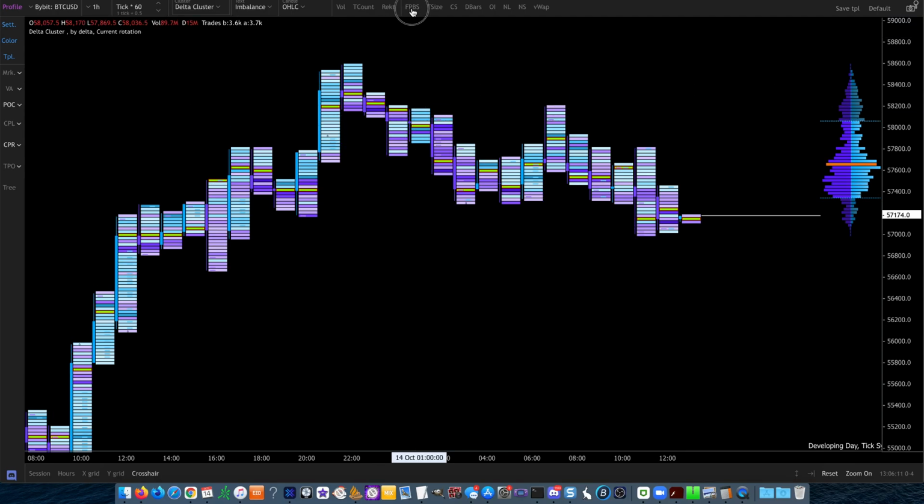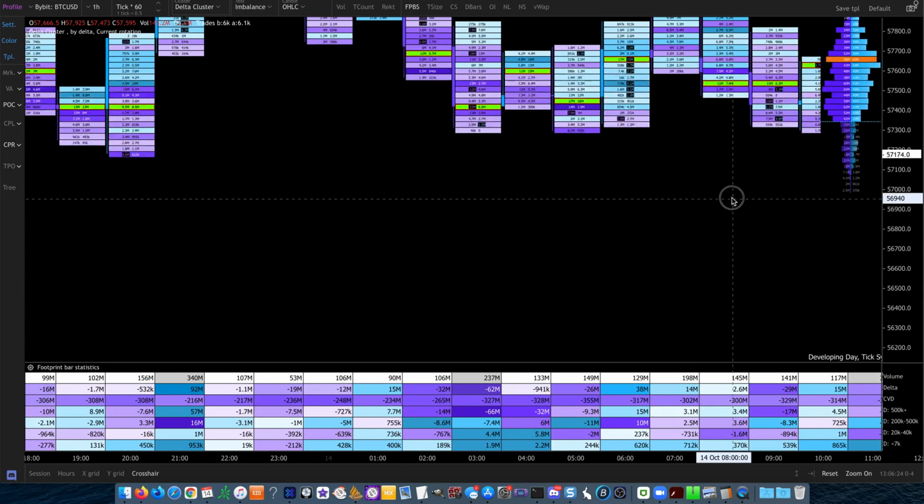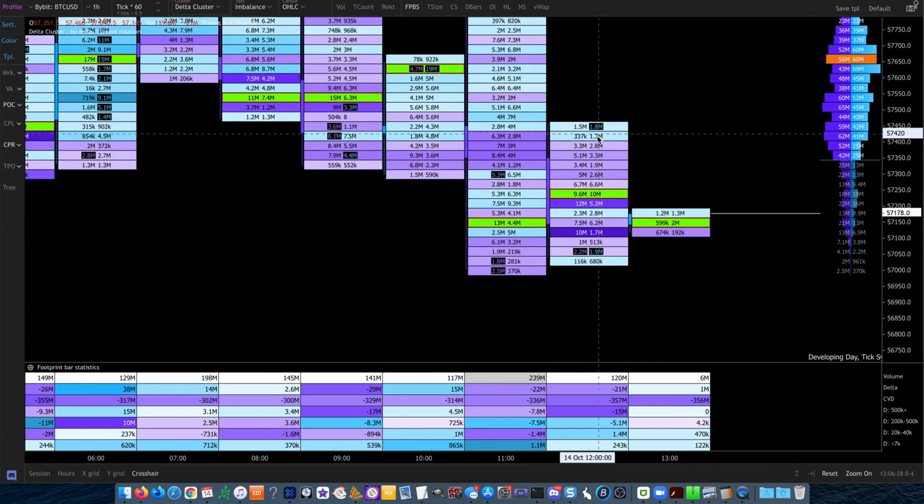The FPBS, this is going to be our footprint bar statistics down here, and I'm going to get into this more in a little bit, but this is very important where instead of showing us the delta, the volume, and all that stuff in each section of the candle, we can see it for the overall candle.